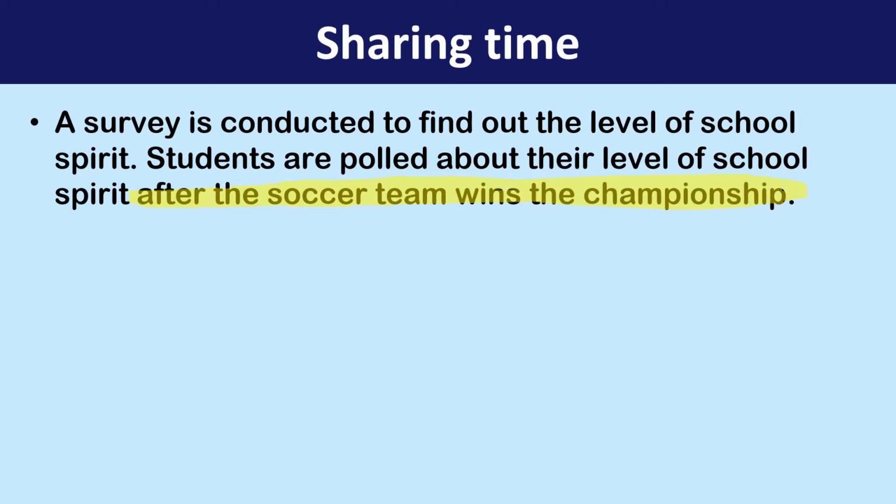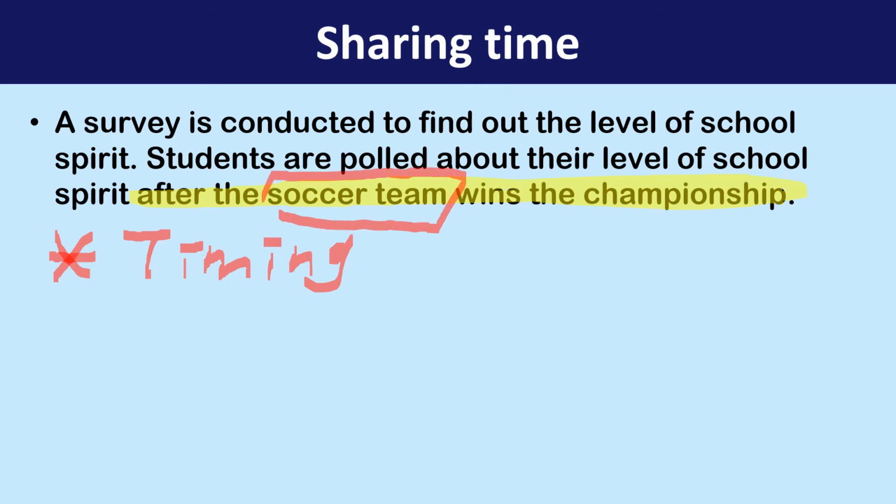So the main problem is basically a timing issue. Timing issue plays a huge role. The reason being, first things first, the school soccer team just won the championship, and your goal is to identify the level of school spirit.